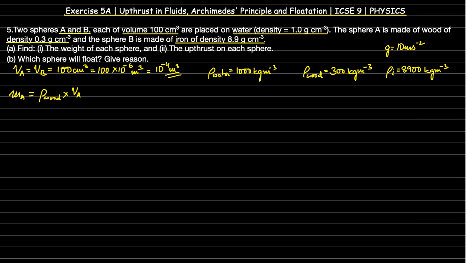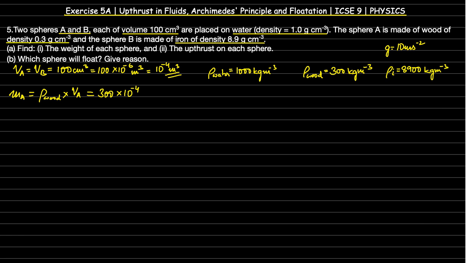I'll be substituting the values here. So volume of A, we got it as 10 to the power of minus 4, and density of wood is 300 kg per meter cube. So I write it as 300 into 10 to the power of minus 4.